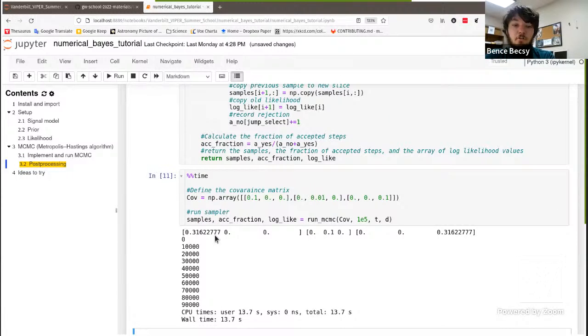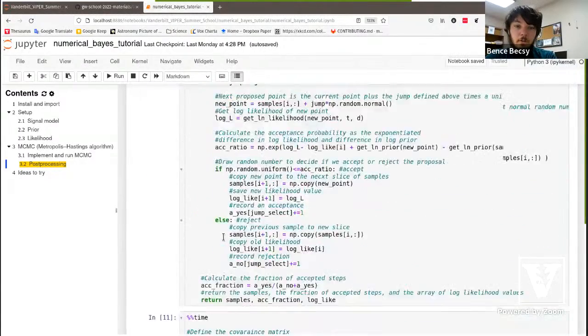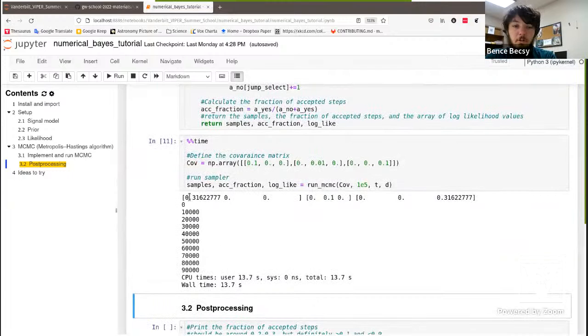But you can see what we are jumping in. What is the first one? I think that was amplitude. So we are jumping scaled by 0.3 in amplitude, 0.1 in frequency, and 0.3 in phase. And it ran through in like 30, 40 seconds. And so now we have our samples in this samples array.